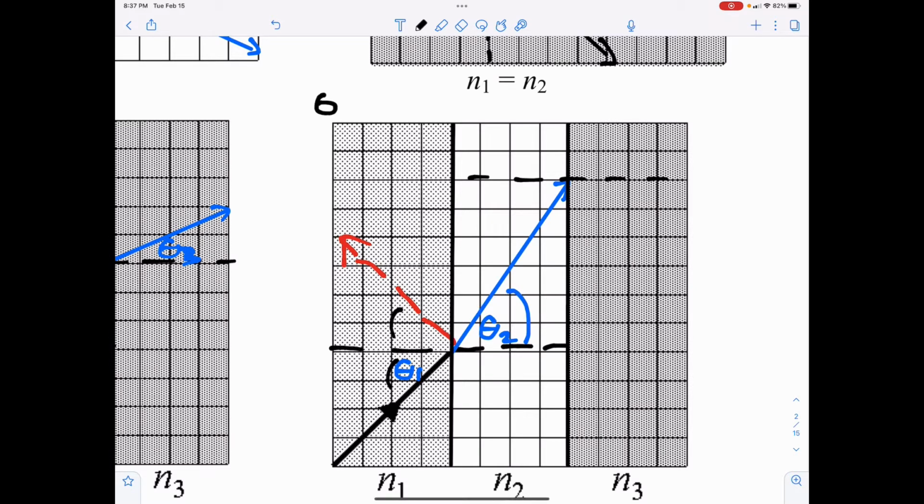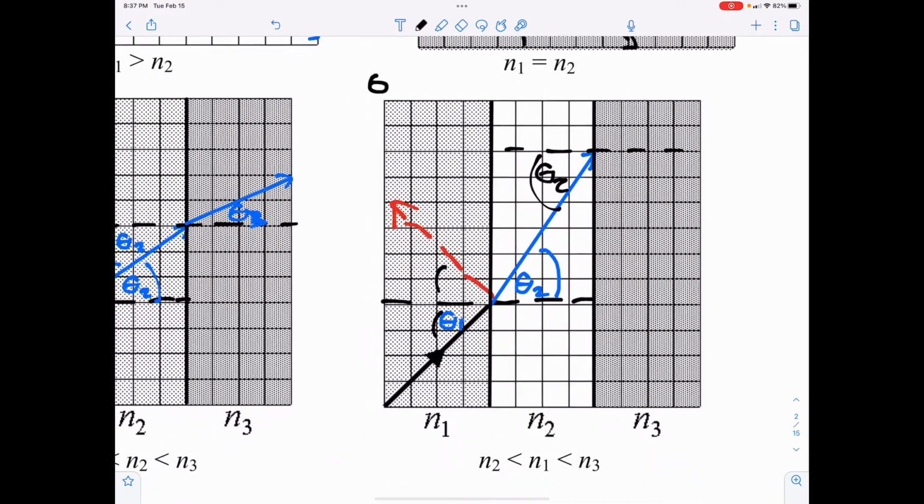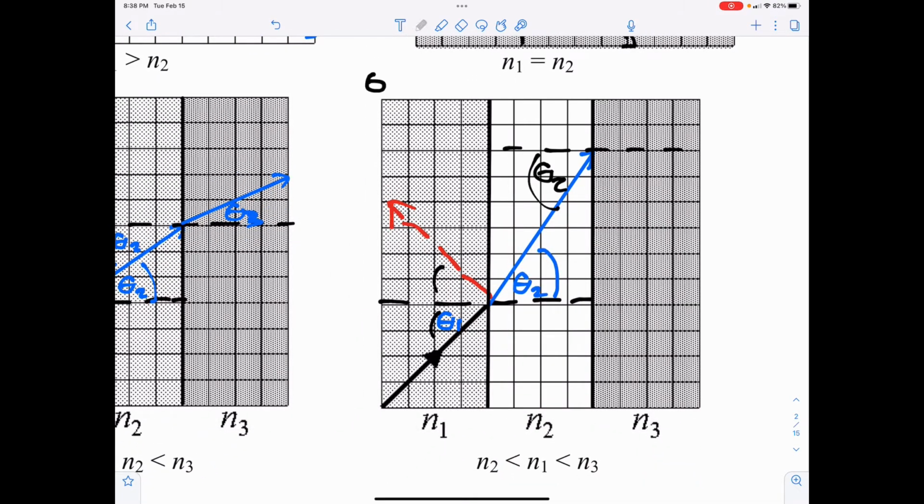That theta 2 is going to be the same as this theta 2 over here, the incident angle, and I would expect the line to bend closer to the normal on this side over here. In other words, since N3 is the largest index of refraction, I would expect medium 3 to be the highest optical density. So I would expect theta 3 to be the smallest angle, closer to the normal than theta 1 was to its normal.